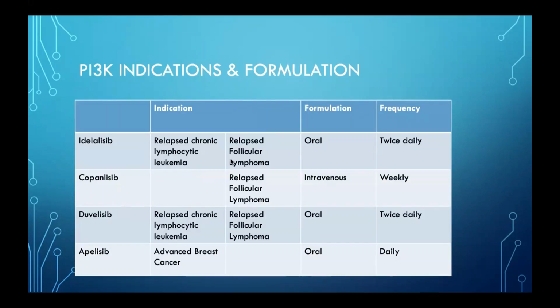The formulation and dosing frequency is important with these, where most are oral once or twice a day. However, copanlisib is our standout with once weekly IV dosing. So something especially useful to keep in your pocket for a patient who you might not have confidence can handle oral chemotherapy at home, or just don't want to have coverage for that type of medication.